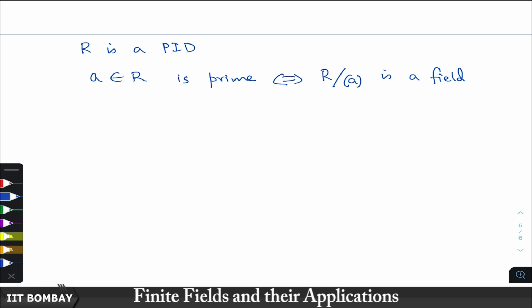Okay. So, now we will apply this to the polynomial rings over fields, and this will give us a version of this result in particular.